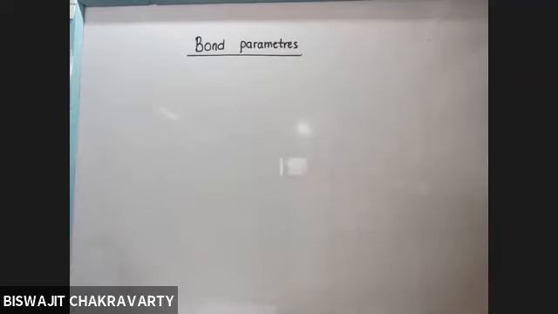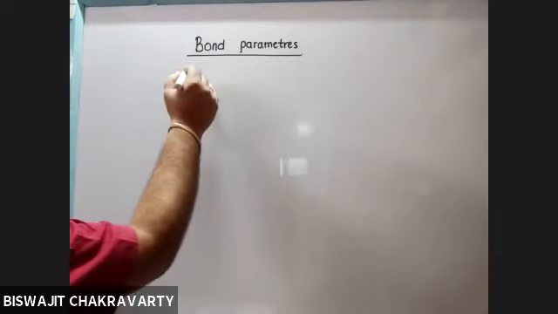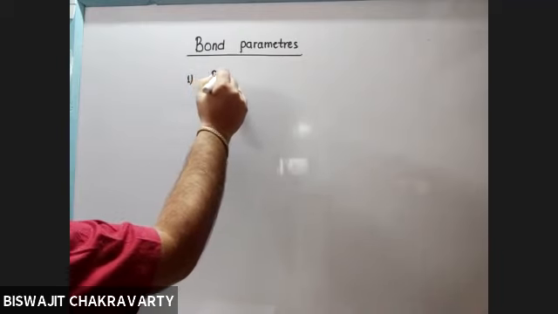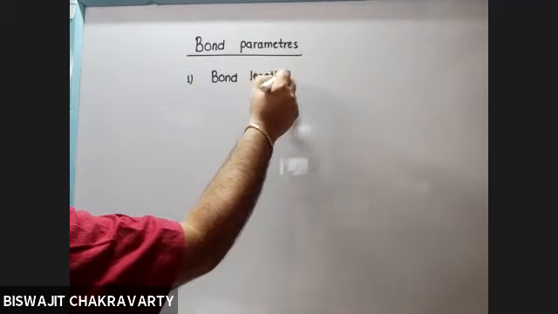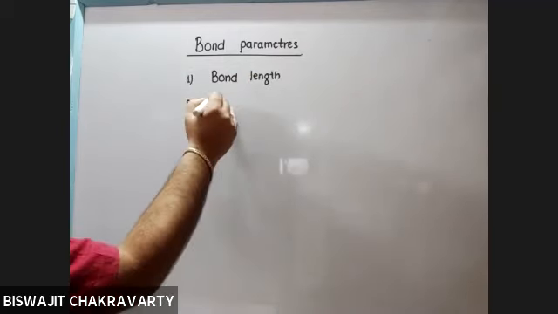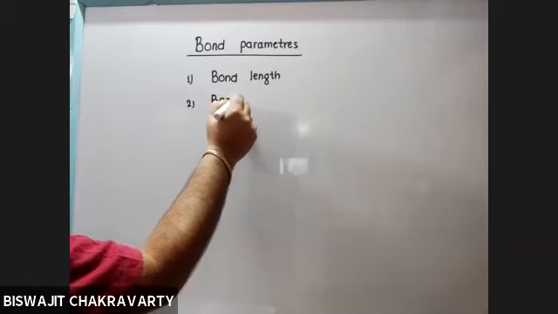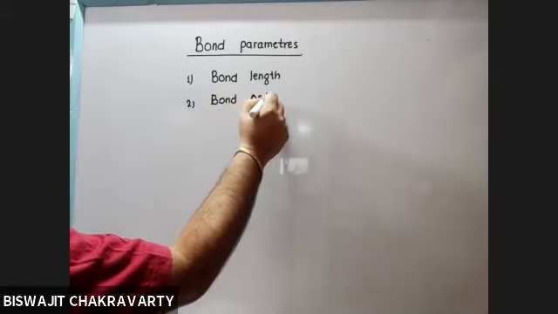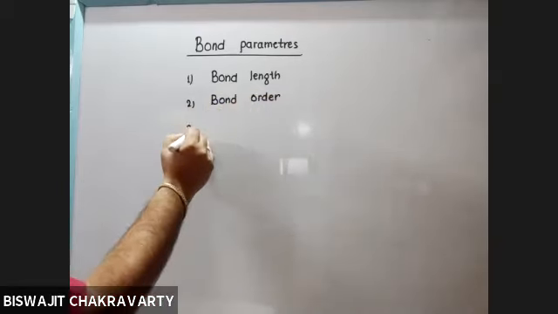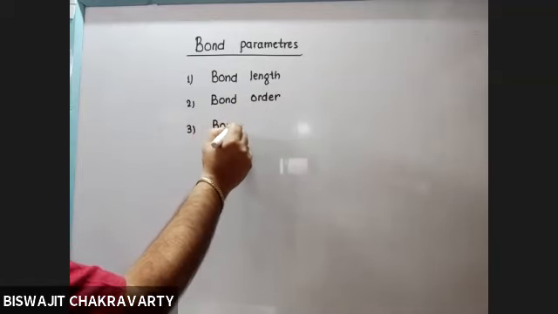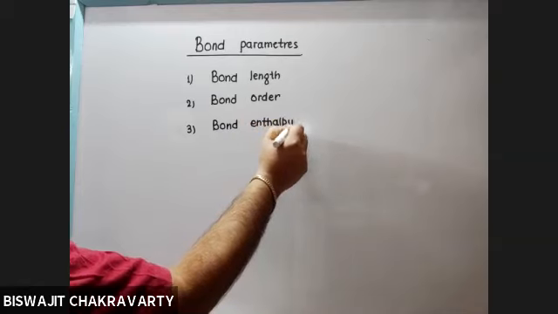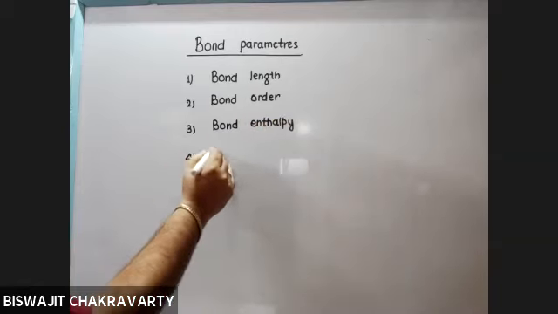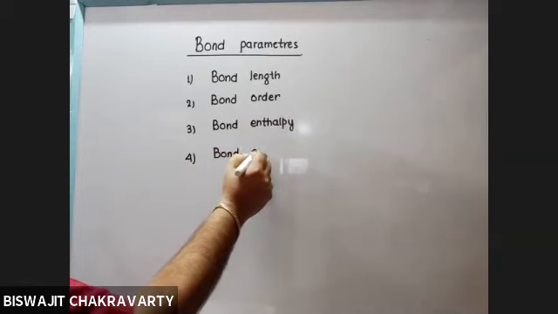See, in the chemical bonding chapter, you will come across certain terms like what is bond length, what is bond order, what is bond enthalpy, and finally, what is bond angle.